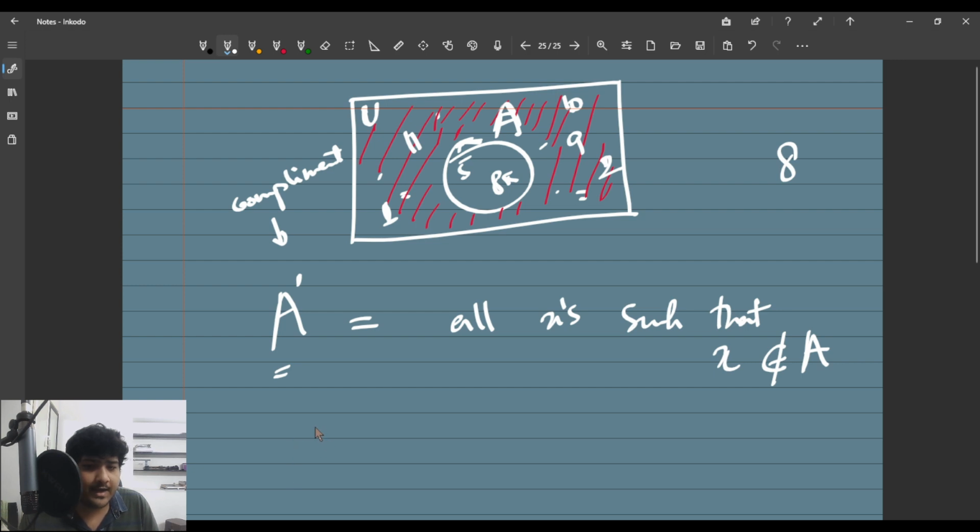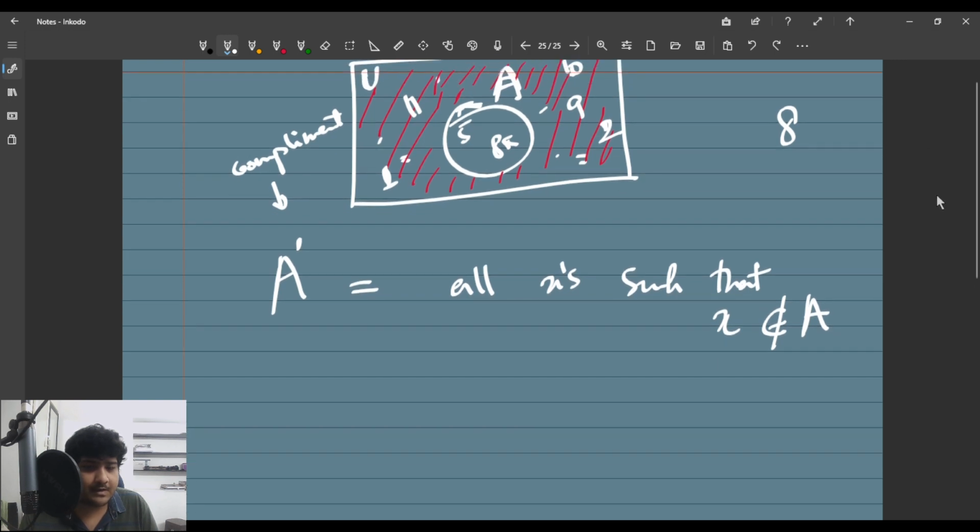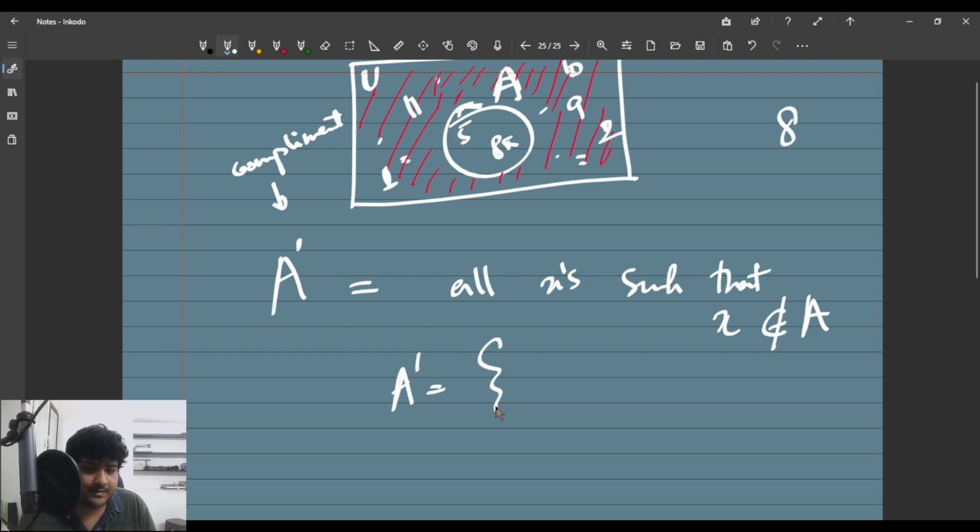If I give you 9, then I'll put it in A complement, because 9 does not belong to A. 9 is outside somewhere, outside of A. So A complement in this case, in my specific example, would be 11, 1, 10, 9 and 2. Assuming all the elements in the universe are just these elements, there are no other elements.